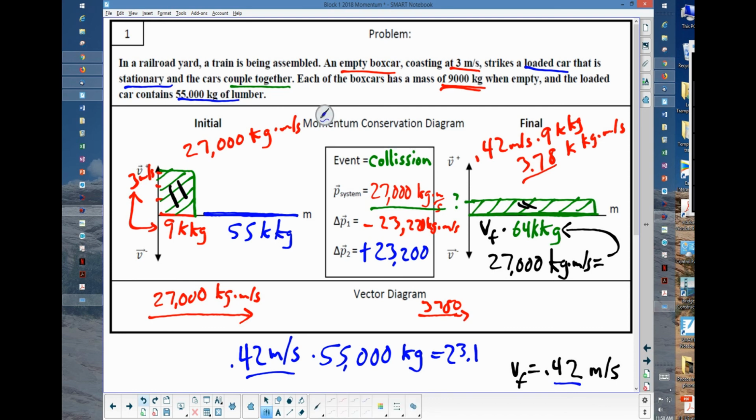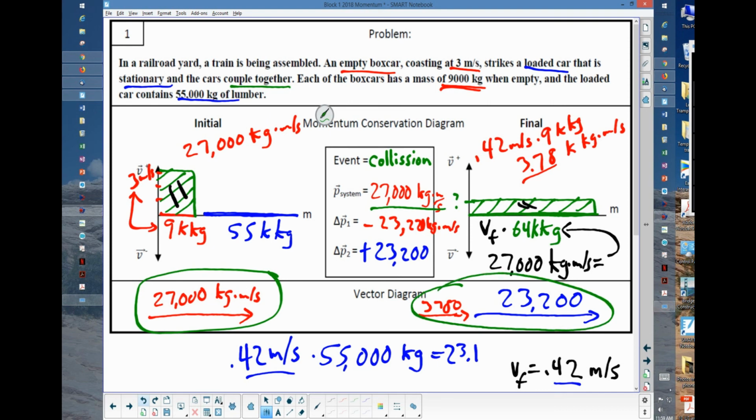And the balance, this here, is 23,200. So we start with this total momentum here, which should equal this total momentum here. We're showing it as vectors. In some cases, you may have negative vectors going on. Okay, so that's about it.